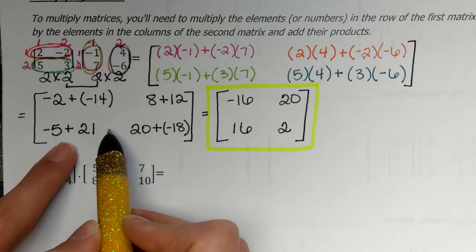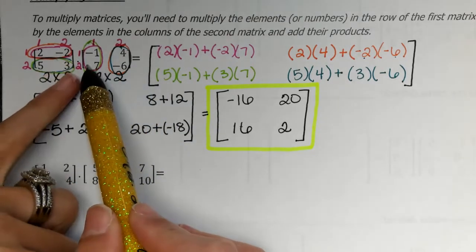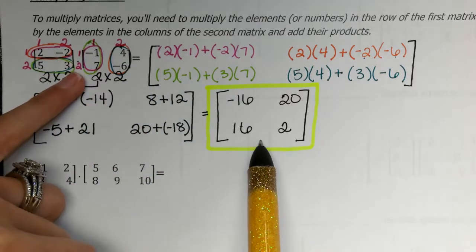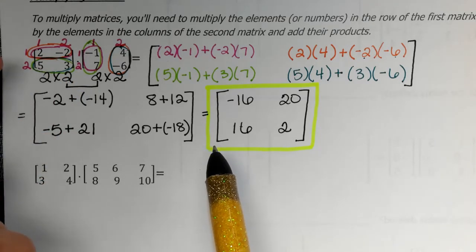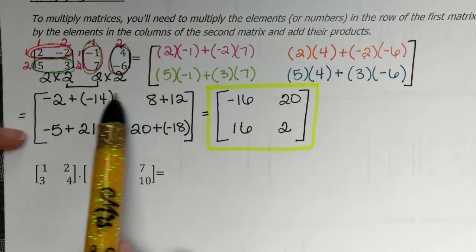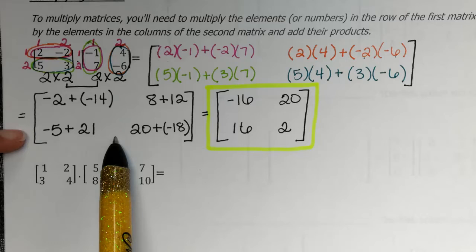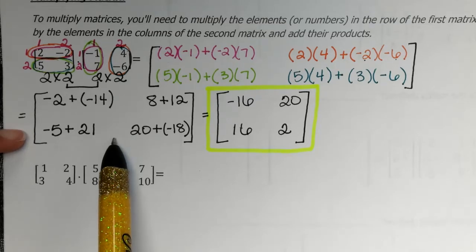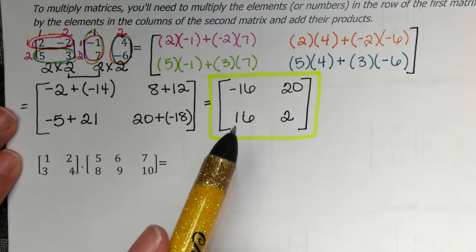I do that because if you went straight from what I give you to the final answer, I have no work to backtrack. I can't find your mistake. So putting at least this right here allows me to find your mistake to be able to give you some partial credit if you were to mess up. Okay? Do we have questions on that example?